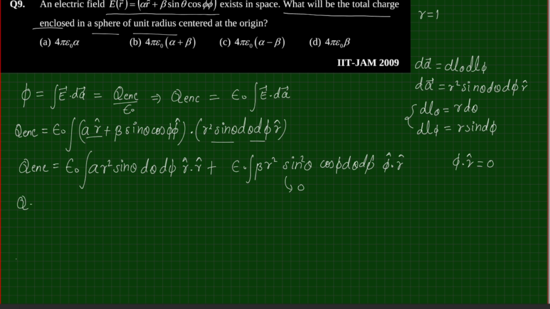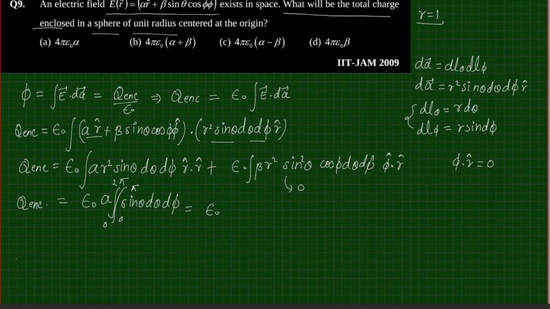So Q enclosed will be epsilon naught, a we will take outside, and we know r equals 1, so r square will become 1, so it will be sin theta d theta d phi. The limit of theta is from 0 to pi and phi is 0 to 2 pi.